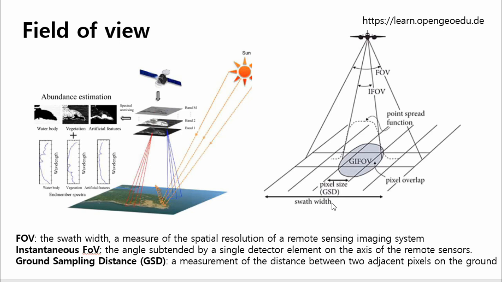This is the field of view. And the specific angle from a detector of the remote sensor on the axis of the remote sensor is the instantaneous field of view. So these are the spatial scales that you have to keep in mind as compared to the model simulation or the in situ measurement at the local stations, because those are quite different.